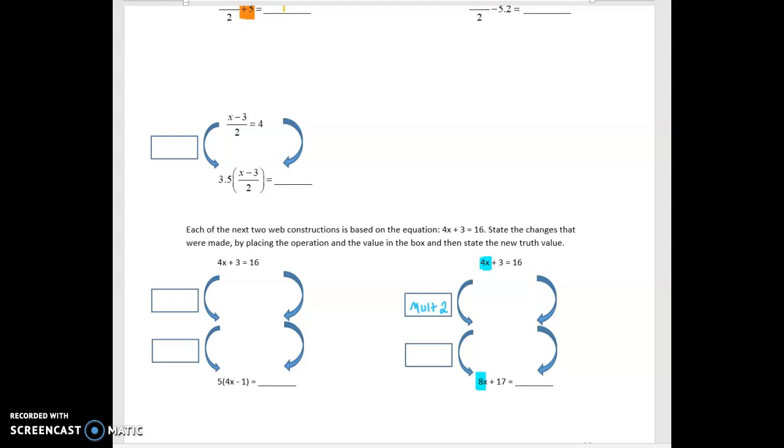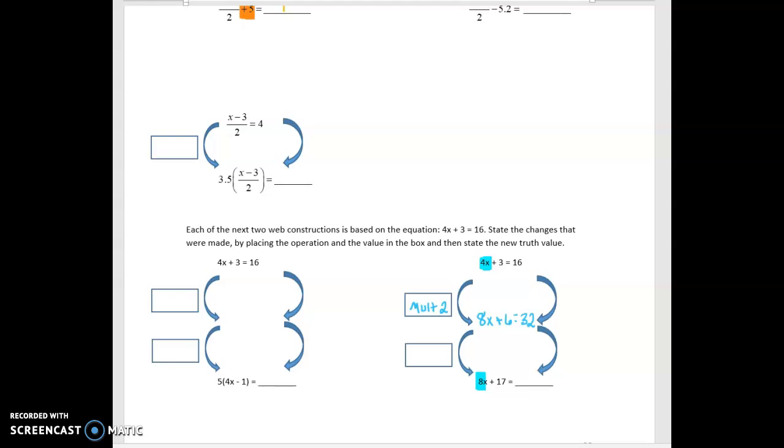And so when we multiply by 2, everything gets multiplied, so we have 8x plus 6, and this new truth value is twice the 16, which makes this 32.